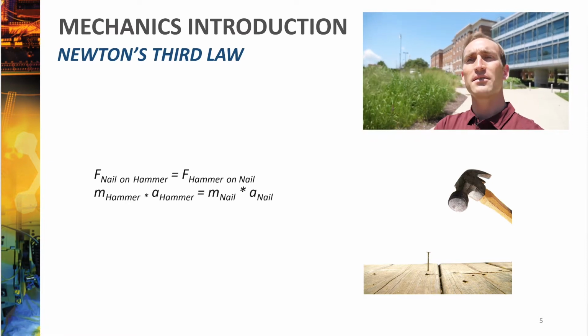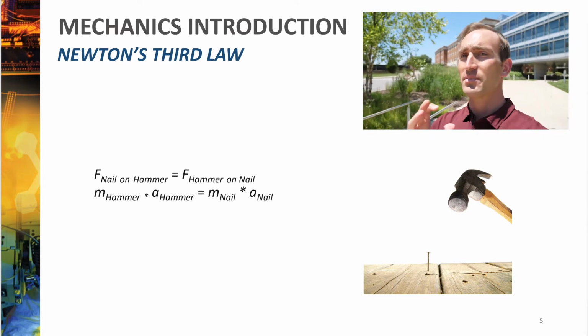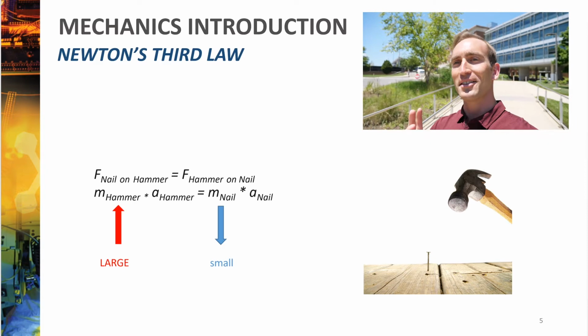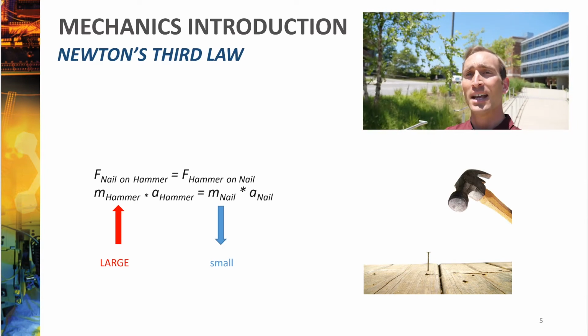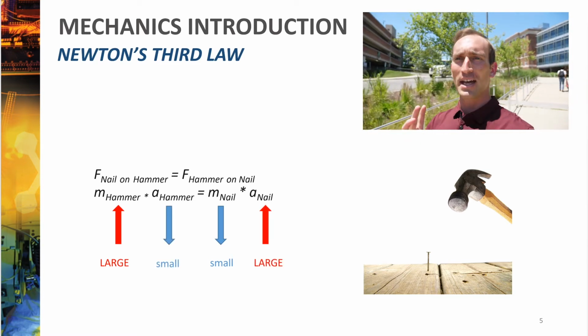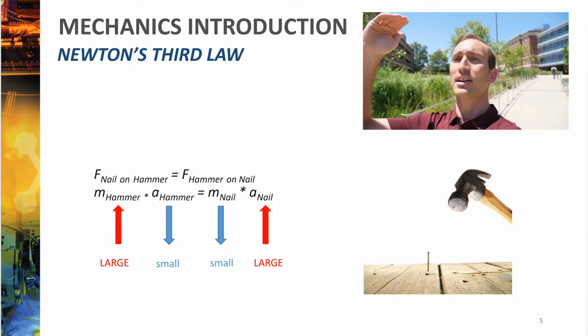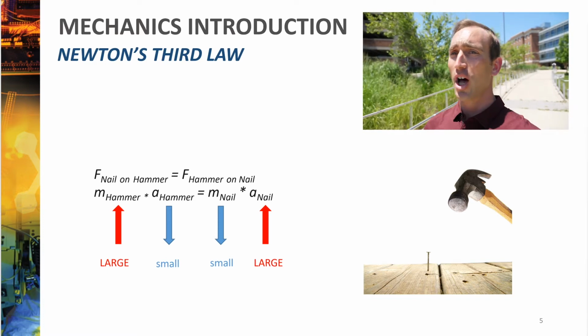So if we set the mass of the hammer times the acceleration of the hammer equal to the mass of the nail times the acceleration of the nail, what we can see is that the difference is that the mass of the hammer is substantially greater than the mass of the nail. And as a result, the accelerations are going to be commensurate with that difference. So the nail being smaller is going to have a much higher acceleration than the acceleration of the hammer, which is going to be much lower.